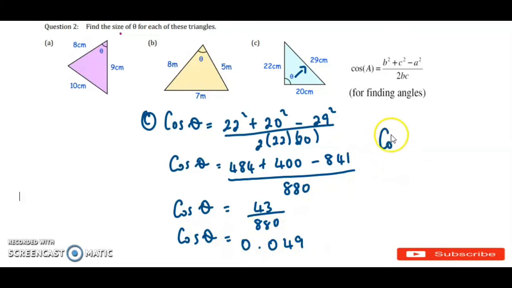So theta is equal to cos inverse of 0.049, and we're going to work that out on our calculator. You should get 87.1. If we're rounding it off to the nearest whole number, it would be 87 degrees.